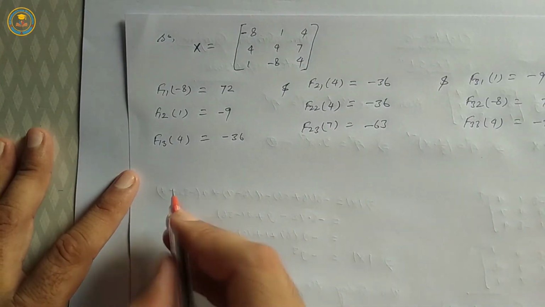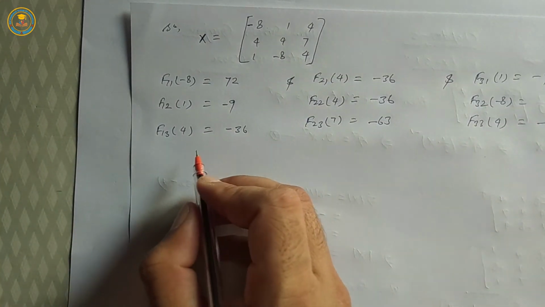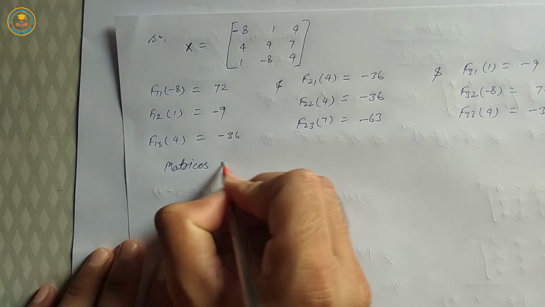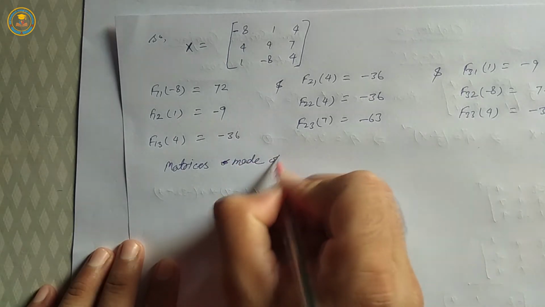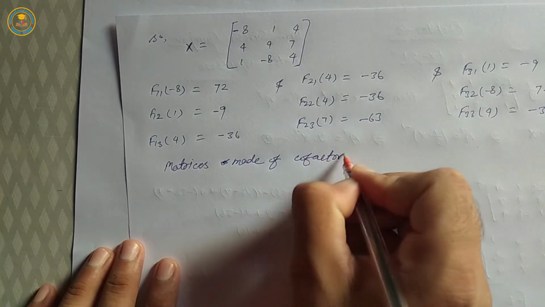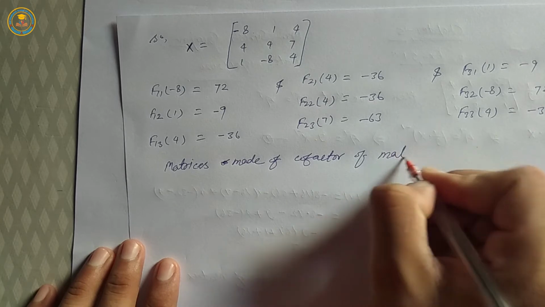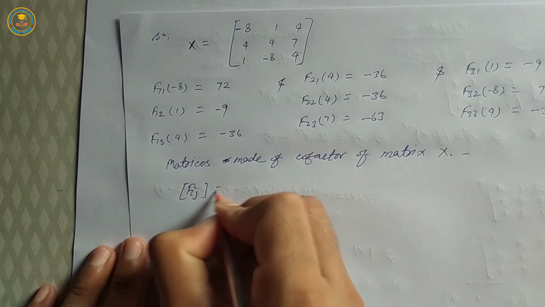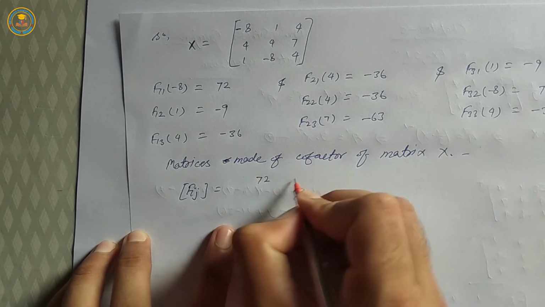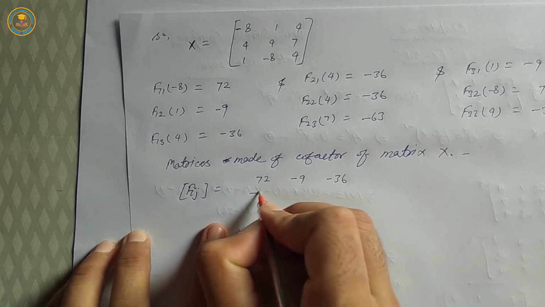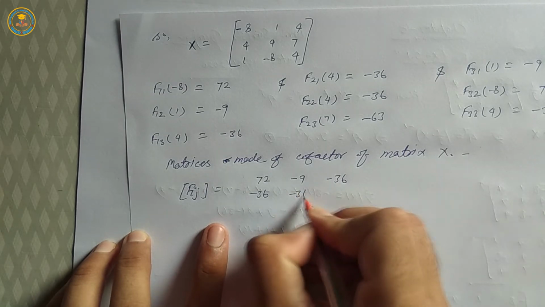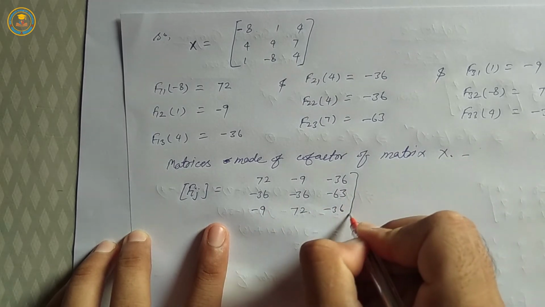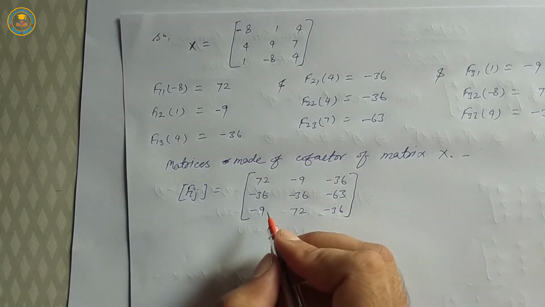Okay, matrix made of cofactors of matrix X. Fij is equal to F11, F12, F13, which means [72, -9, -36; -36, -36, -63; -9, 72, -36].